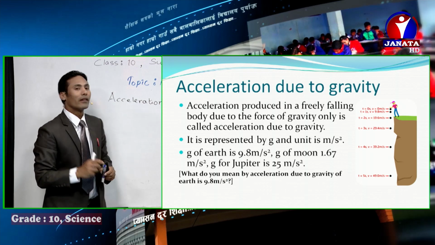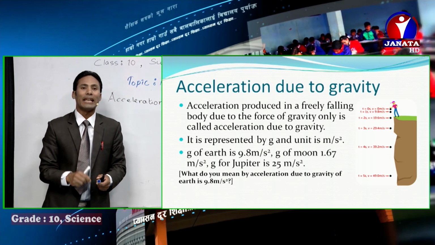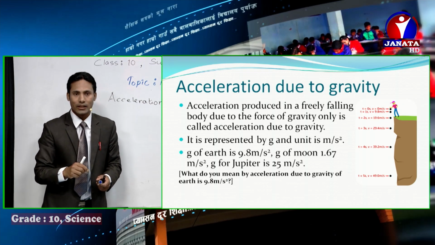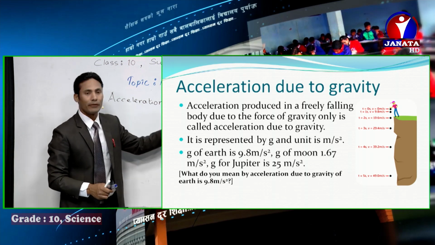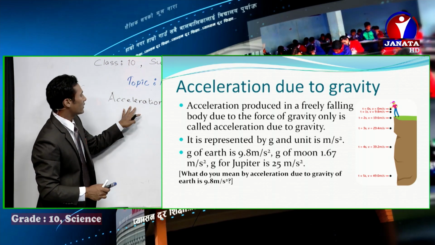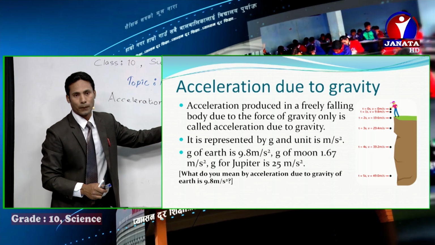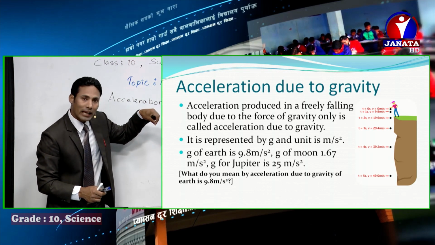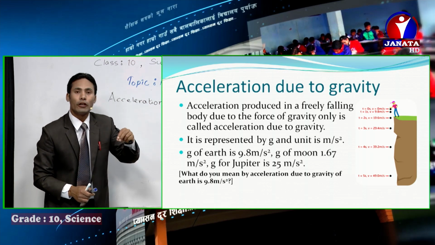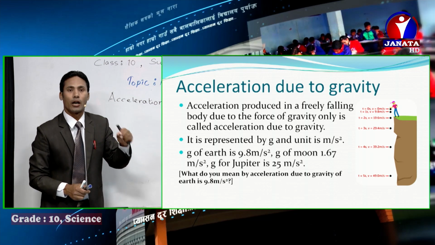That's why the acceleration produced in a freely falling object due to the force of gravity is called the acceleration due to gravity. This acceleration is produced especially on the freely falling object.